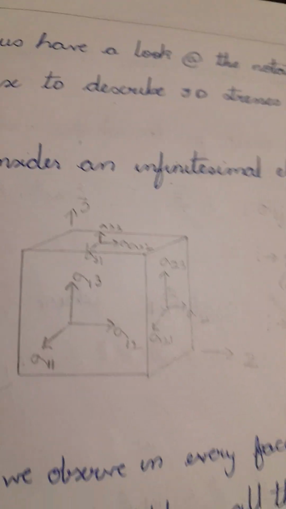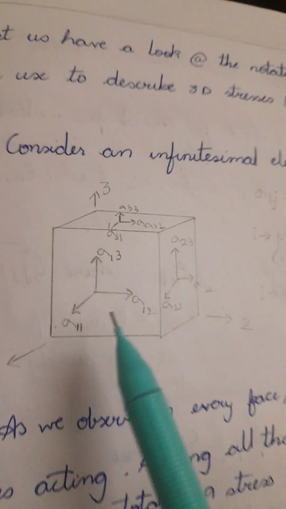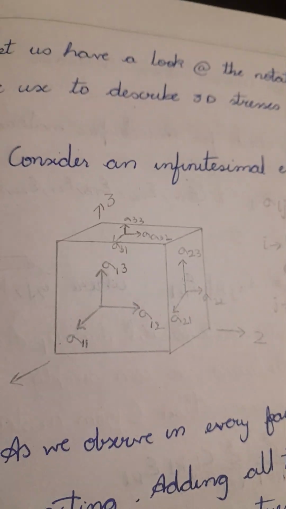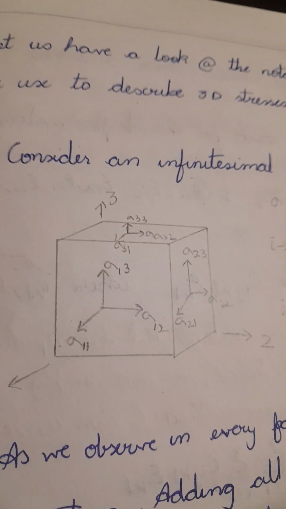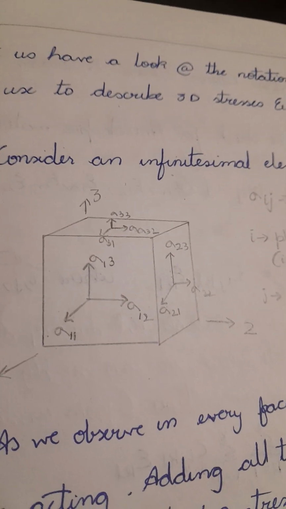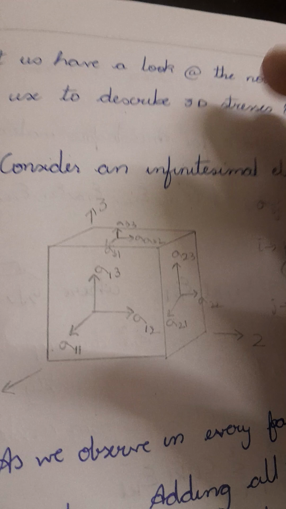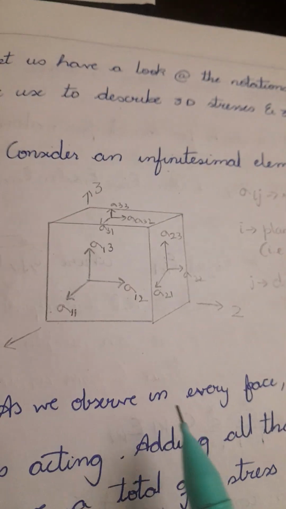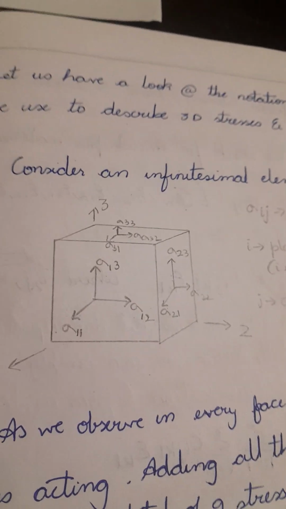Okay, so let's start. Let's take a particular section, let's say a cube, and we will find the relation between stress and strain and then integrate it so that we get the analysis of the entire laminate. So we would be taking a small element and then elaborating our study.